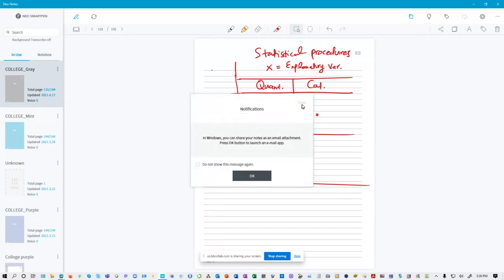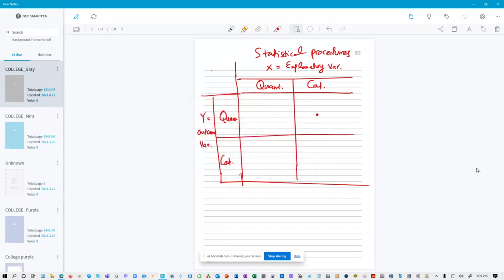If you have a quantitative y variable, we mainly do something called regression. If you have a quantitative y variable and a categorical x variable, we do group regression, or something called analysis of variance.